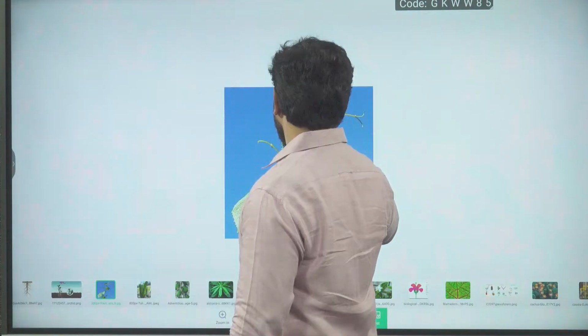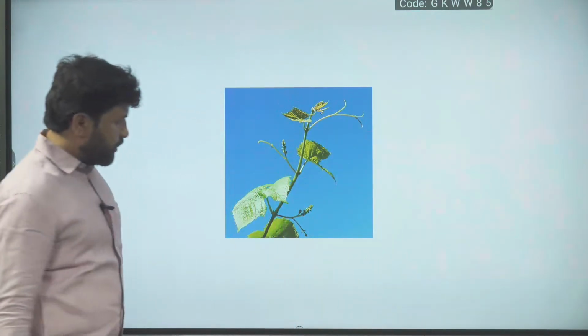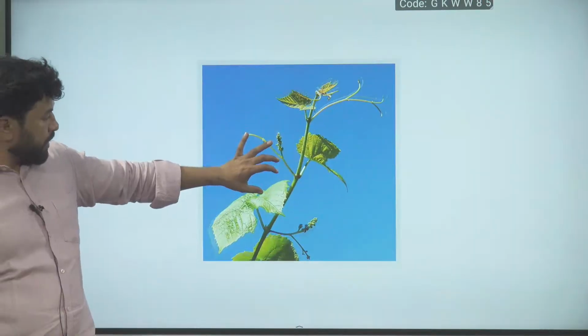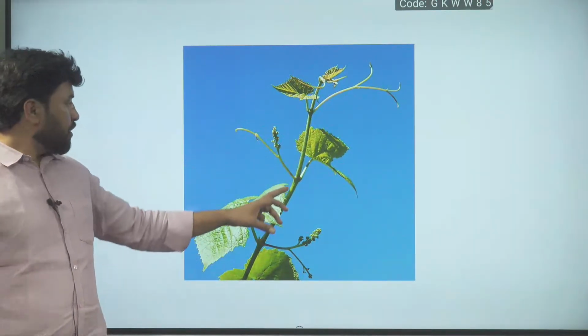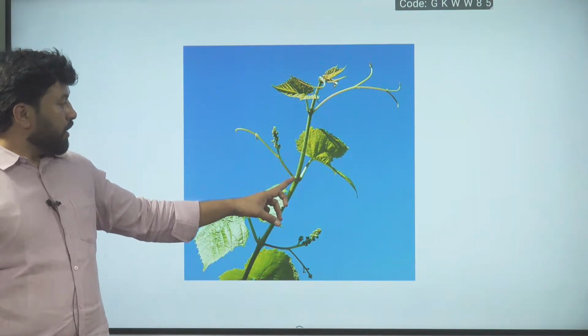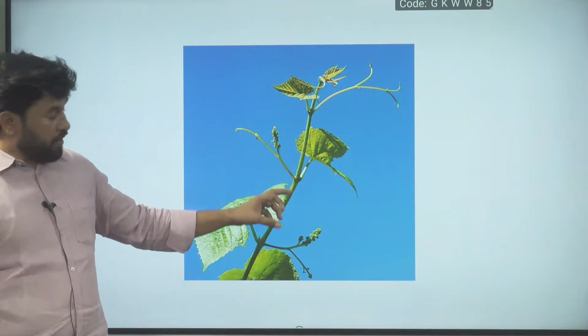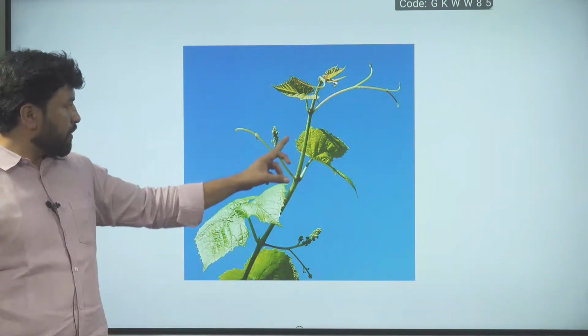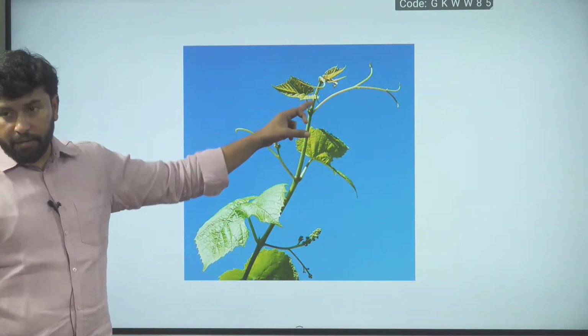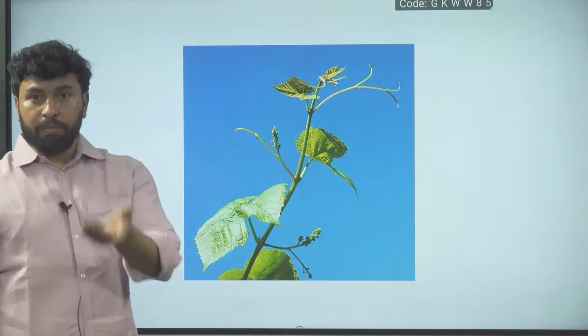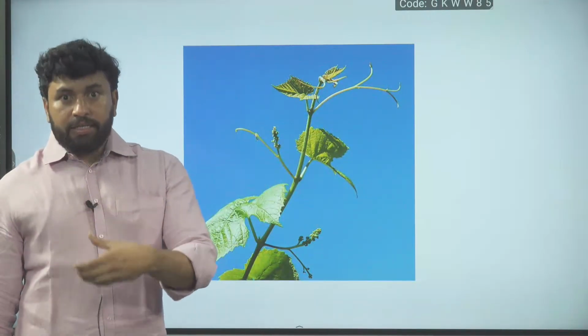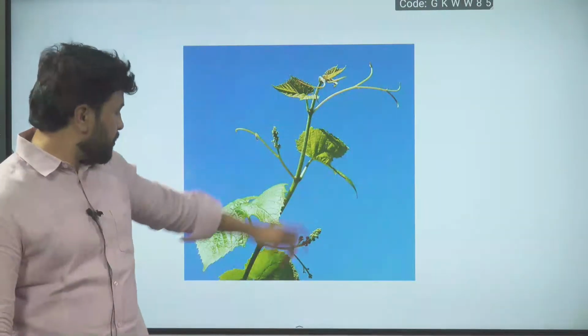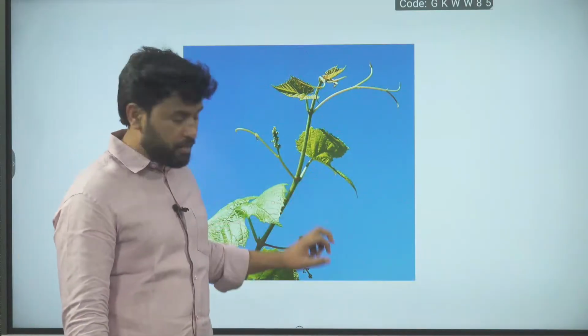This is grapevine. In an earlier class, I think we mentioned grapevine is a kind of stem modification where tendrils develop from axillary buds. This is a stem modification.